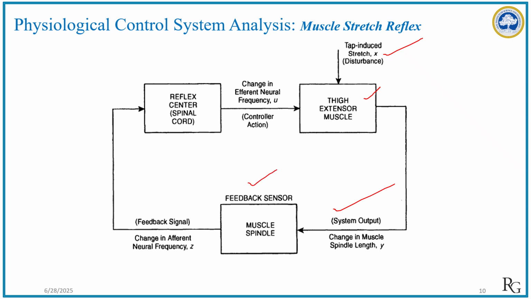The spindles translate this mechanical quantity into an increase in afferent neural traffic that is represented as Z, and it is sent back to the reflex center of the spinal cord. The muscle spindles are the sensing element. They sense the muscle stretch and send it to the reflex center, that is, the spinal cord.